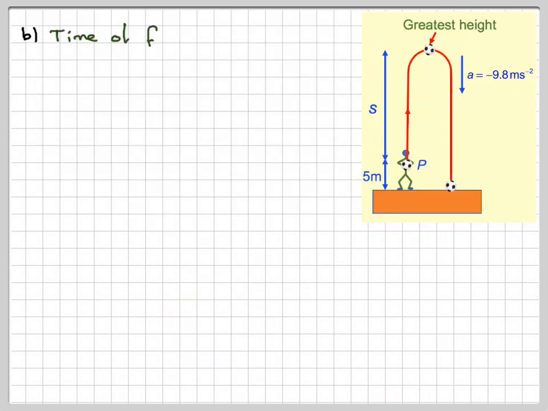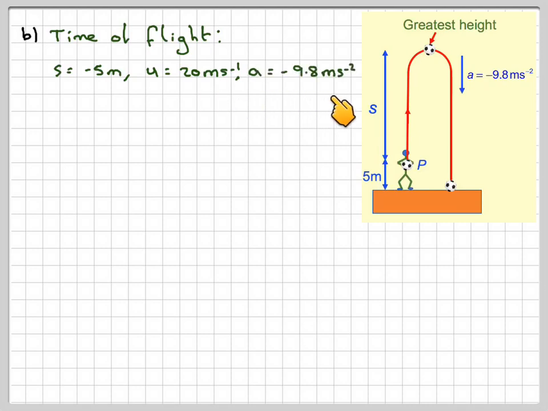Now, to find the time of flight, so we want the time it takes to do that, S will be equal to minus 5, U will be equal to 20 meters per second, A will be equal to minus 9.8 meters per second squared.